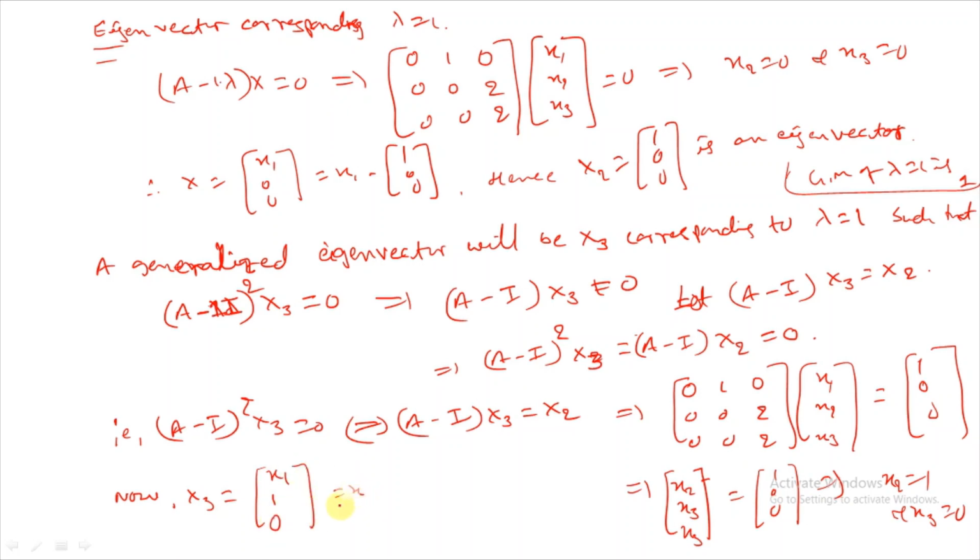That means x1 is arbitrary. You can take any value, suppose 0 or whatever. Therefore, x equal to 0, 1, 0, taking x1 as 0 or whatever arbitrary.